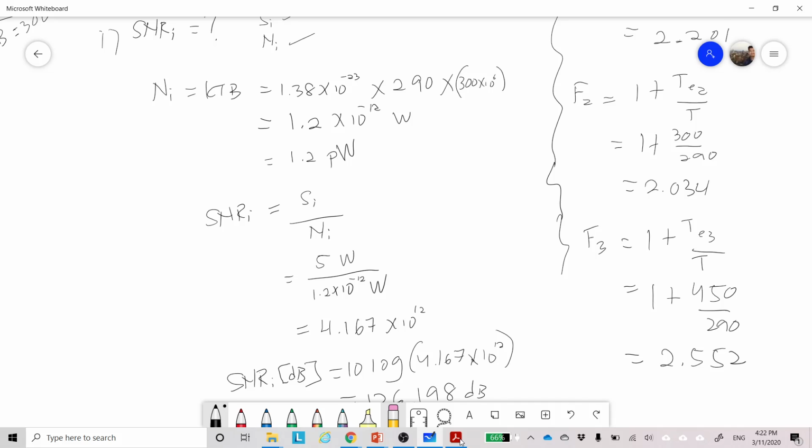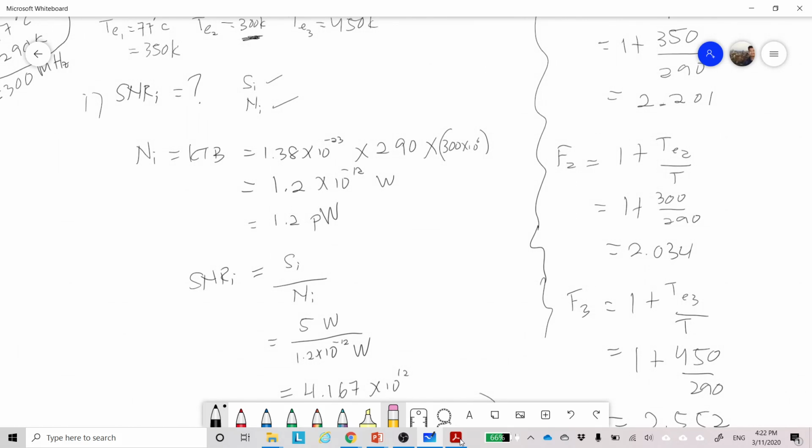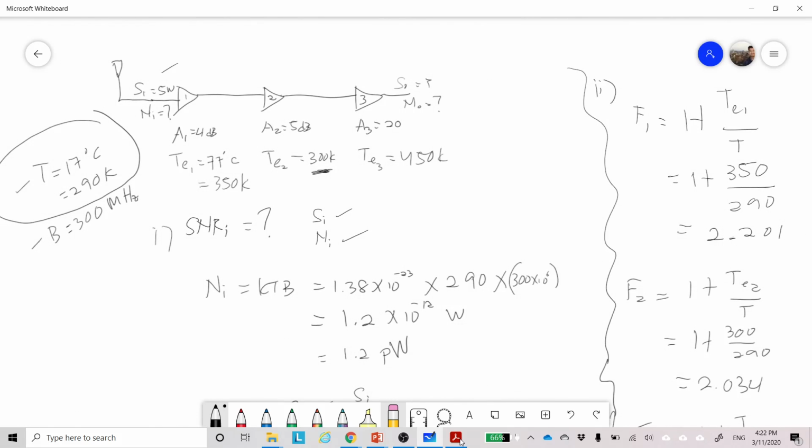Okay, and then barulah kita boleh cari nilai F. Okay, again F, remember F kita perlu cari untuk mengira nilai F total, you perlu cari A dalam sebutan unitless dalam absolute value.